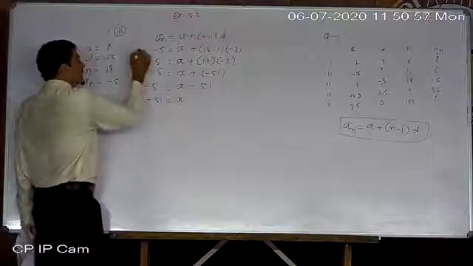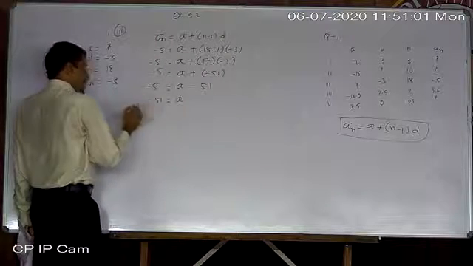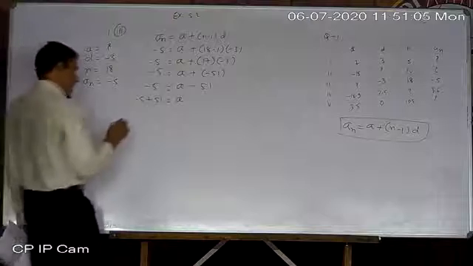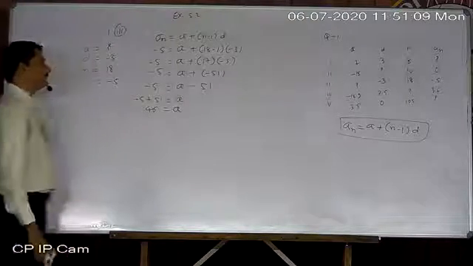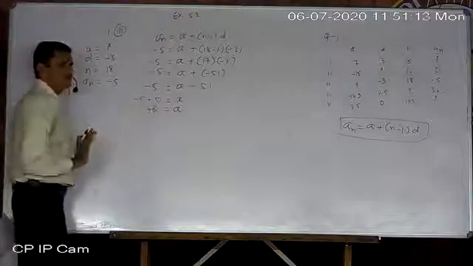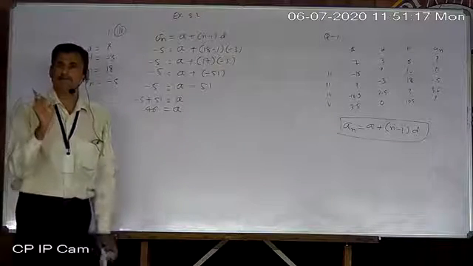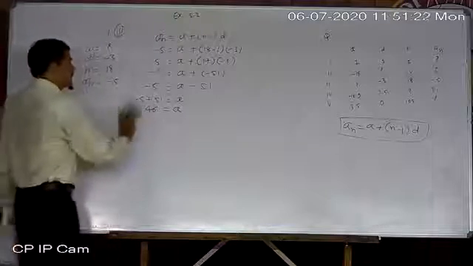So now it becomes minus 5 plus 50, sorry, yes, minus 5 plus 51. So it is 46. Why? 51 minus 5: opposite sign subtraction, bigger sign. Same sign addition, opposite sign subtraction. At last, the bigger number's sign is applied. So it is 46 here.